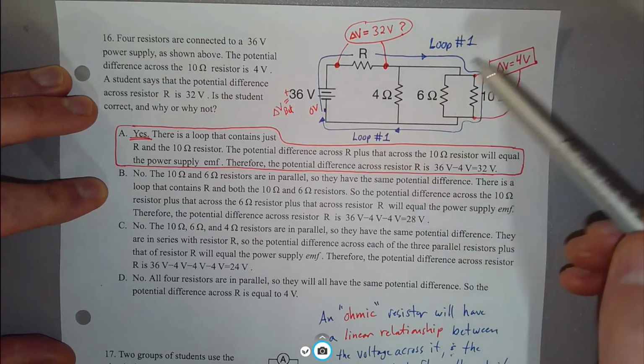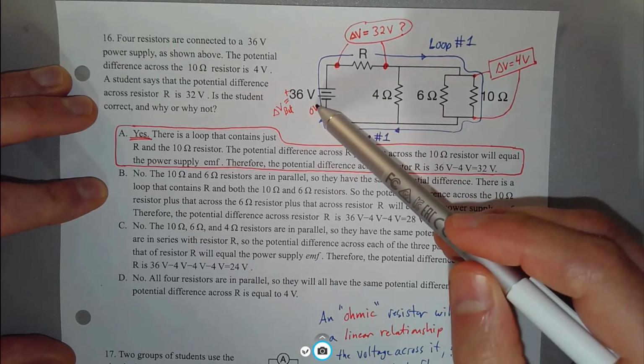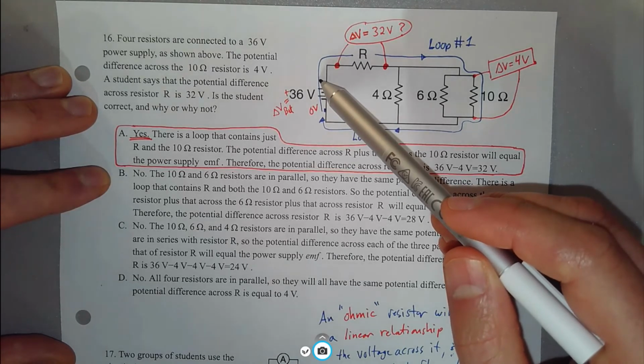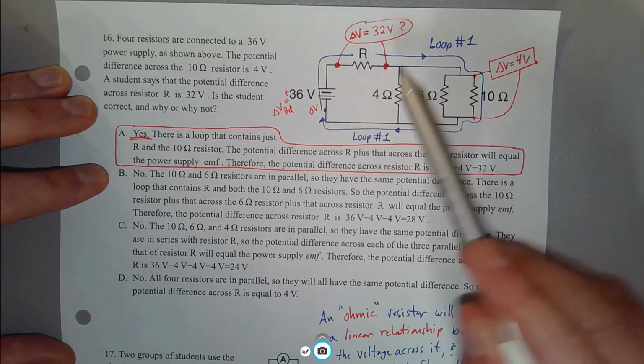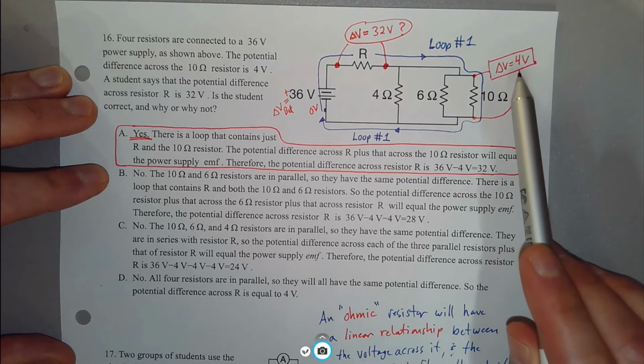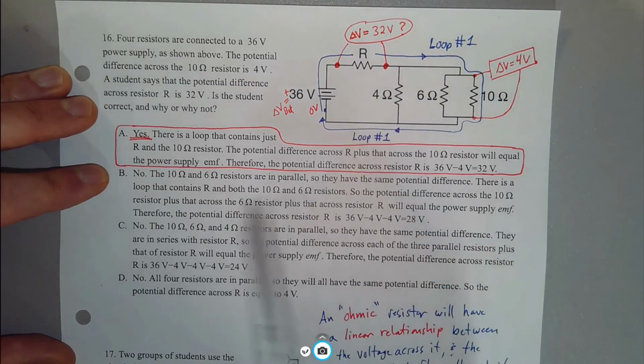Basically how much the voltage increases across the battery is the same as the sum of how much it changes across R and the 10 ohm. So if it changes by 4 volts across this one, it has to change across R by 32 volts. So the answer is yes.